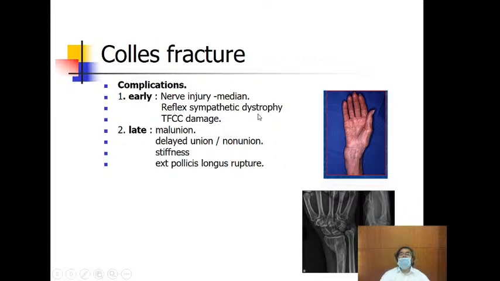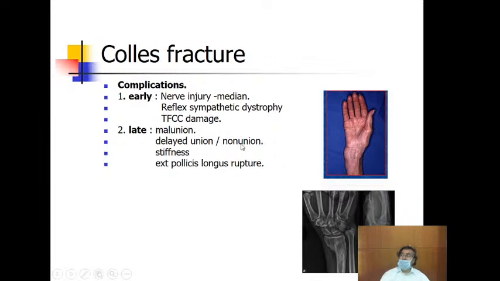So this reflex sympathetic dystrophy should be here, and I think I corrected the slide, but the original one came back. Yeah. So the late complications are malunion, delayed union or non-union. Non-union is very rare because the distal radius is a cancellous bone, and to get a non-union in a cancellous bone takes a lot of doing.